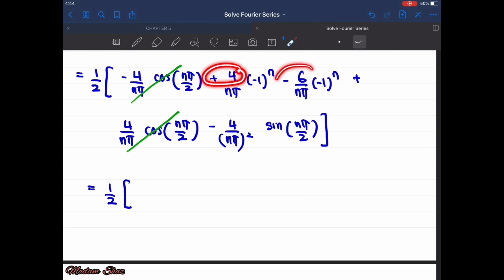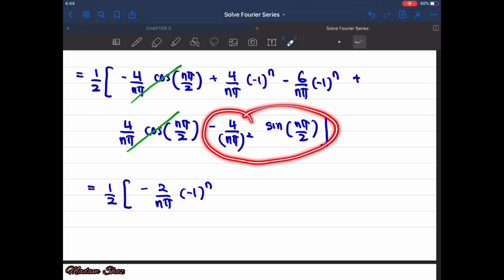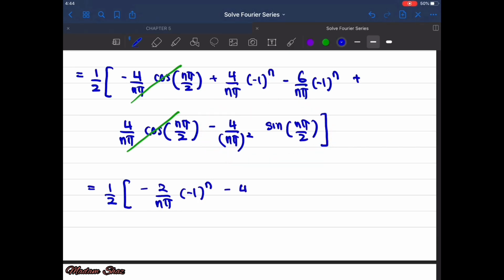So positive 4 minus 6 will become negative 2 over n pi negative 1 the power of n. This one we just copy down back. Negative 4 over n pi square sine n pi over 2.